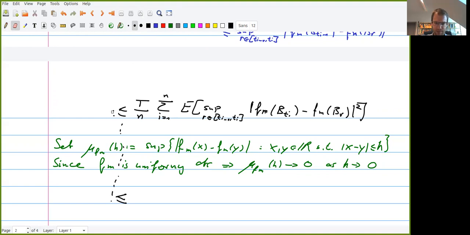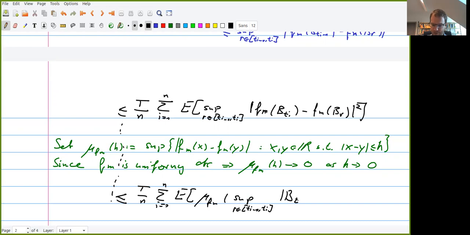So what we keep estimating from here to here. So we have T over n, the sum from i to n of the expected value of the modulus of continuity of r, E of the Brownian motion at time, well, let's say r minus t, squared.